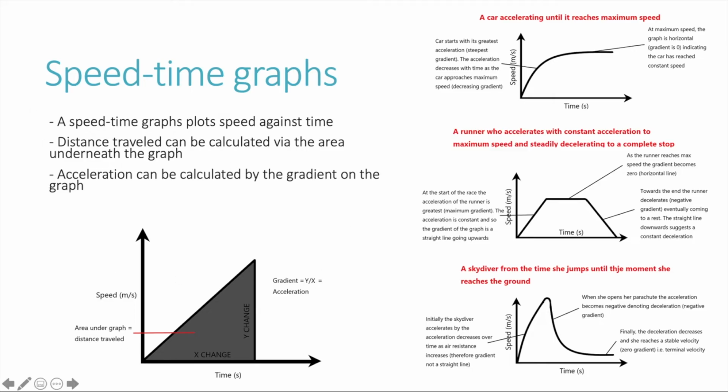So if you take a look at this particular graph down below here, you can see that there is a certain change in speed over this time frame, right? And what you can do is the shaded area here, that is the area underneath the region of the graph that you're trying to calculate the distance for.